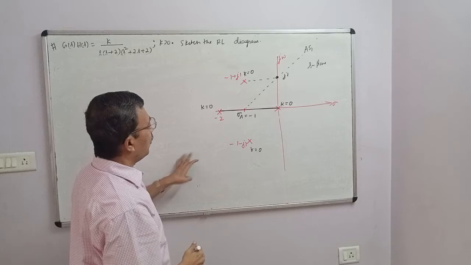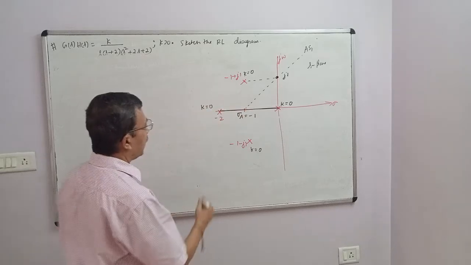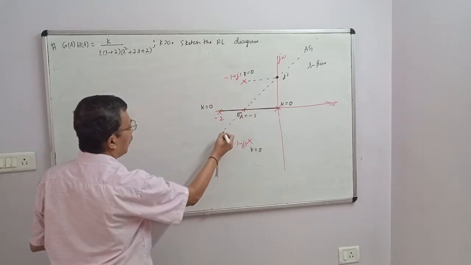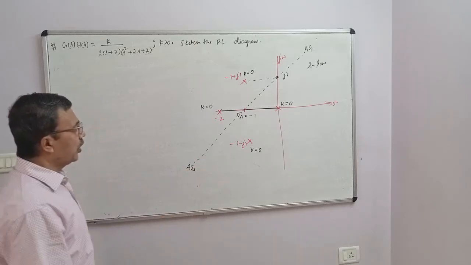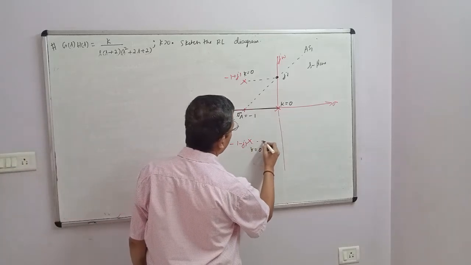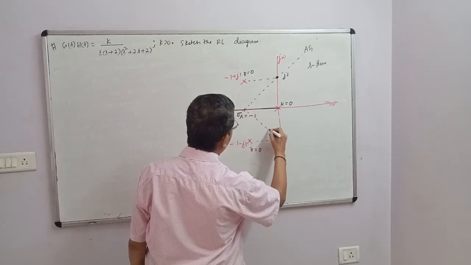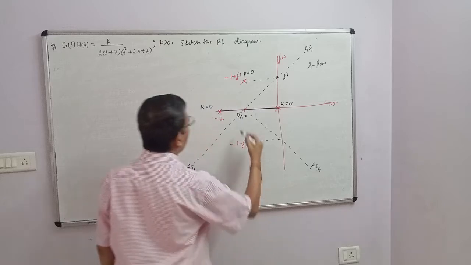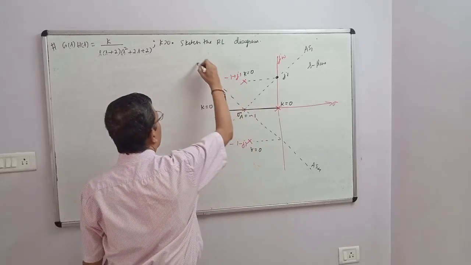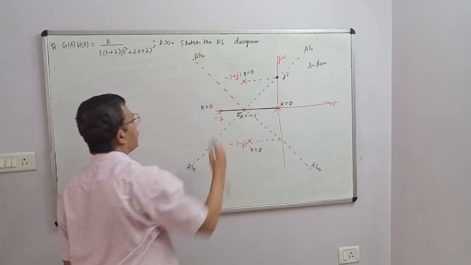This asymptote makes an angle of 45 degrees with respect to the real axis. This is asymptote number 3. This makes an angle of 225 degrees. This is asymptote number 4. It makes an angle of -45 degrees. This is asymptote number 2.